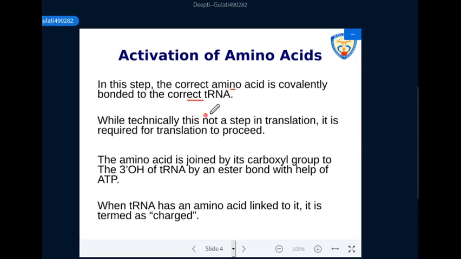Once the amino acids are activated by the enzyme, the activated amino acid is attached to the 3' hydroxyl of the transfer RNA. This step requires energy, which comes from ATP hydrolysis. Once the amino acid is attached to the 3' end of the transfer RNA molecule, we call that transfer RNA molecule charged.